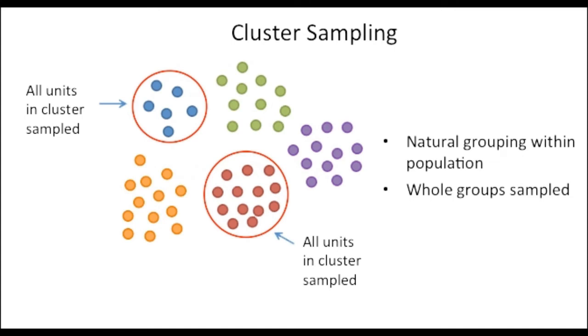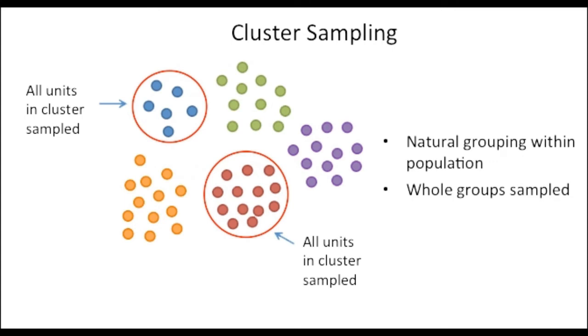Example, the organization has offices in 10 cities across the country, all with roughly the same number of employees with similar roles. You don't have the capacity to travel to every office to collect your data. So you use random sampling to select three offices, and these three offices are your clusters.